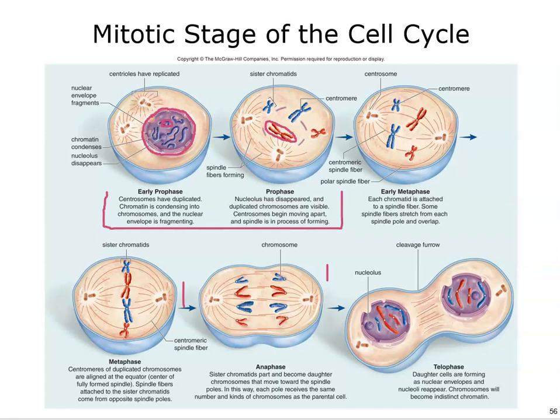And eventually the centrioles are going to move to the poles of the cell, and they're going to produce some spindle fibers in order to attach the chromosomes. Then when you have the chromosomes, they're eventually aligned in the equator or the middle of the cell. This is the metaphase.